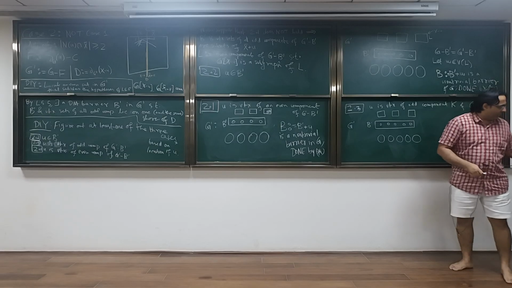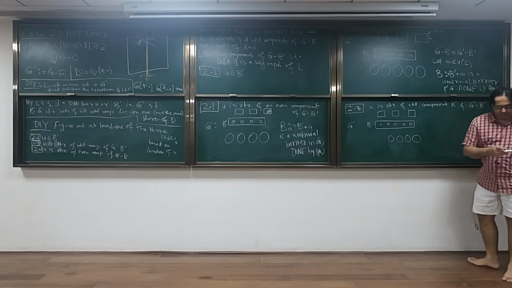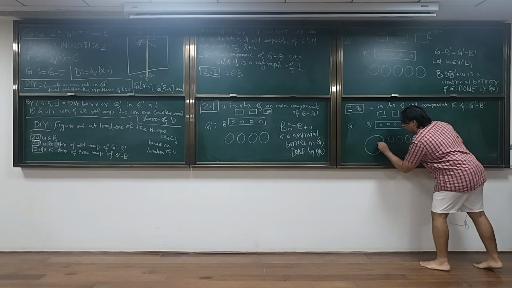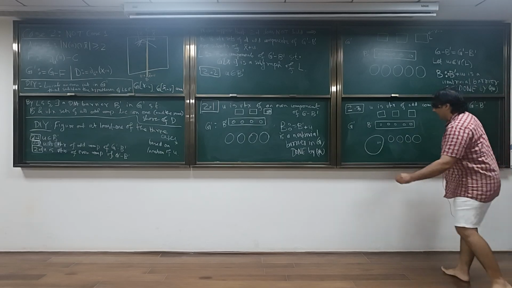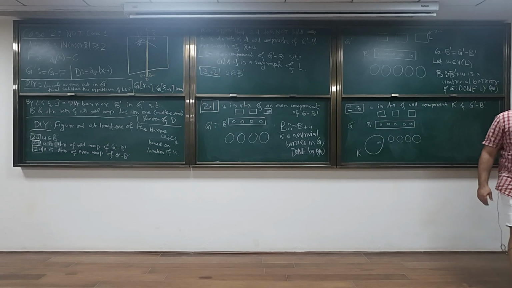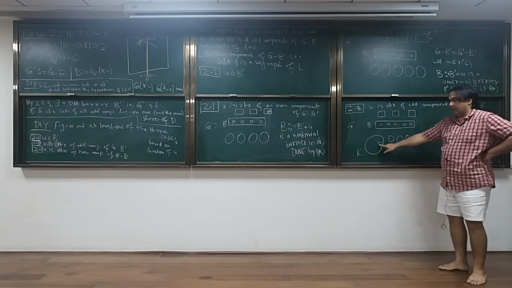There's a particular odd component that contains the vertex U. I don't know how big it is. I just want to highlight it. All the edges that we are adding to go from G prime to G, they are all incident at this fellow.